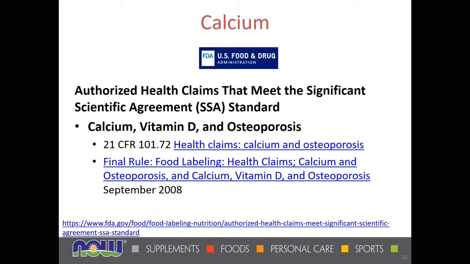And you're actually allowed to make some health claims for calcium, vitamin D, and osteoporosis, for example. The FDA has determined that these claims meet a standard of being in scientific agreement, that there's a scientific consensus that these are accurate.